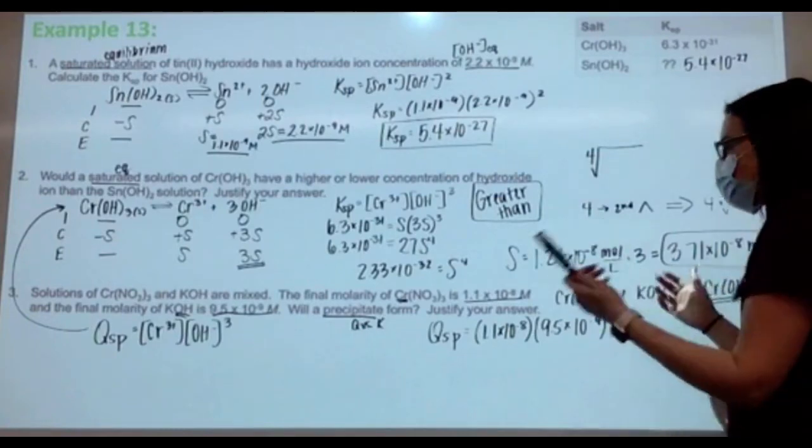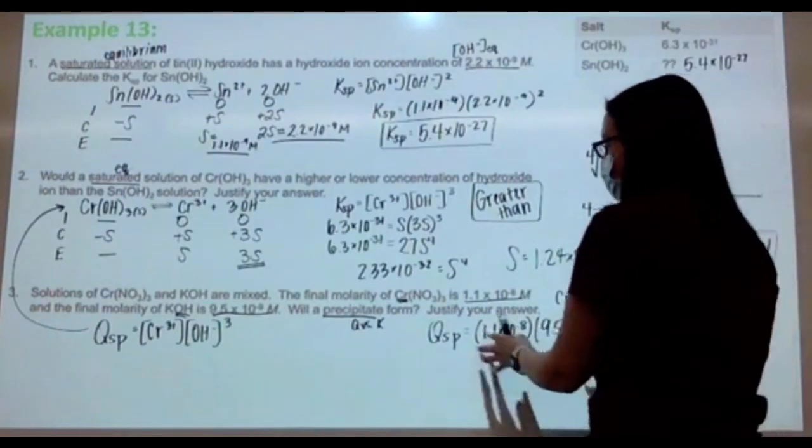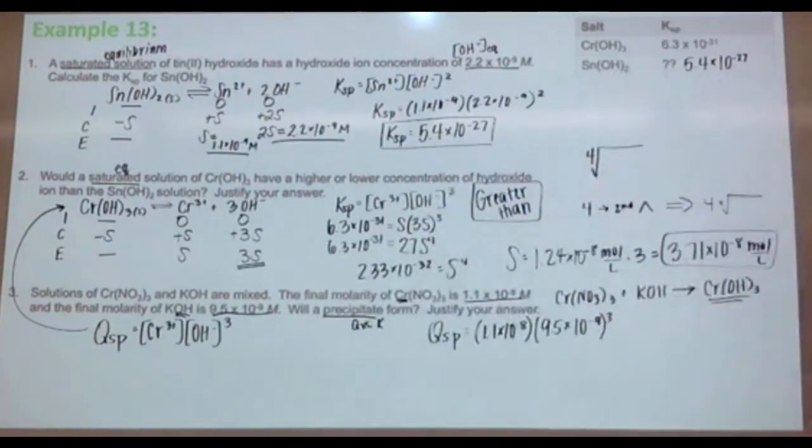I don't worry about multiplying OH or multiplying Cr or anything like that, because for Q, we take the concentrations and we put it into the expression. So now we can solve. I'm going to make sure I cube 9.5e-9, multiply by 1.1e-8.